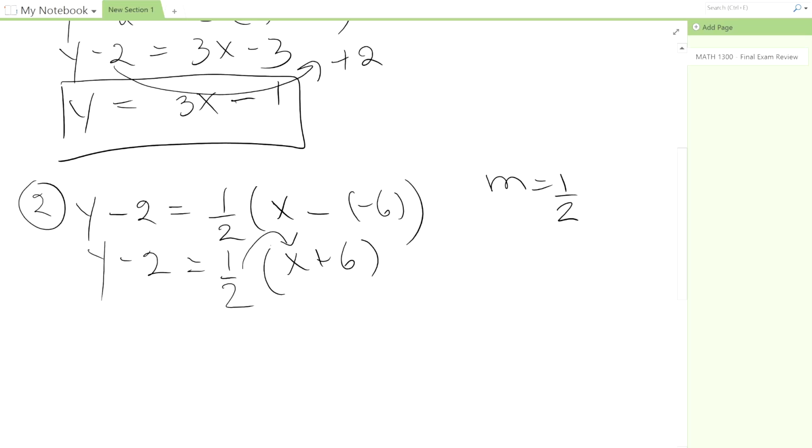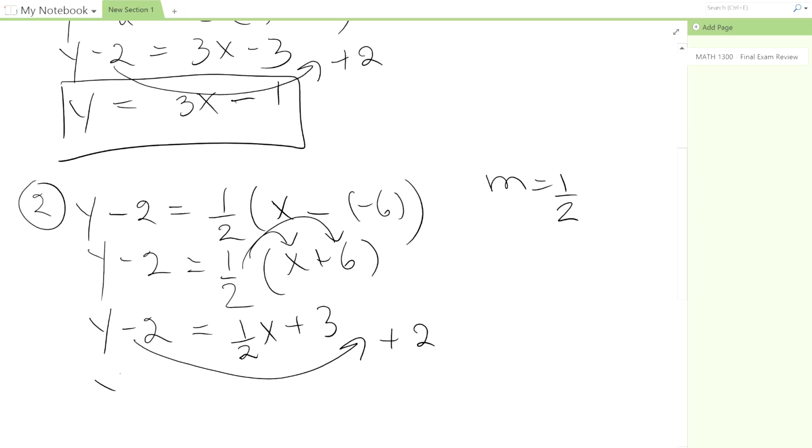Now I can go ahead and distribute this 1/2 into here. I get y minus 2 equals 1/2 x plus 3.